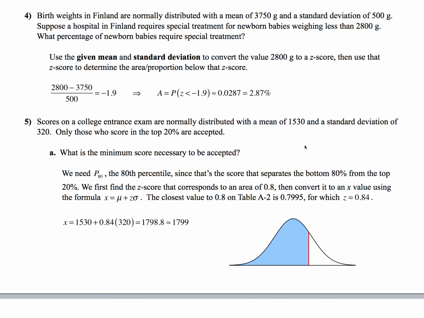So 0.0287, move the decimal 2 places, and that gives you 2.87%. So 2.87% of babies are going to require special treatment, and that seems to make sense. It's a very small percentage. That's the kind of thing that we might expect. We might expect a small percentage of newborns to require that kind of treatment.